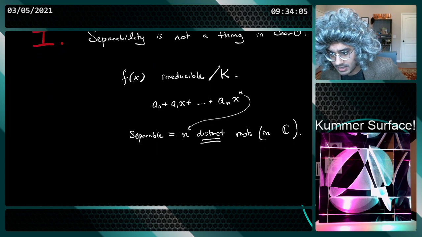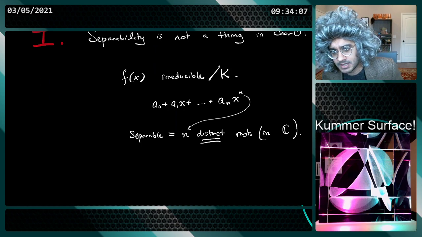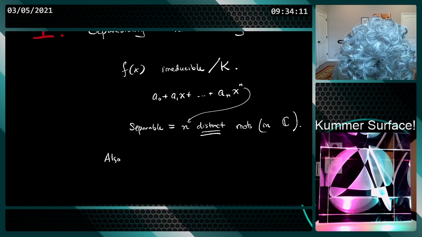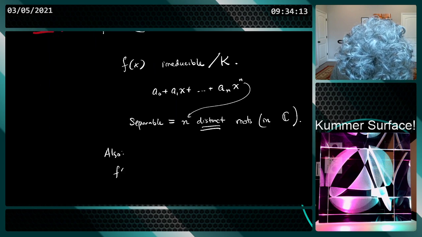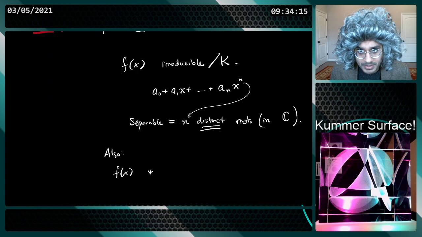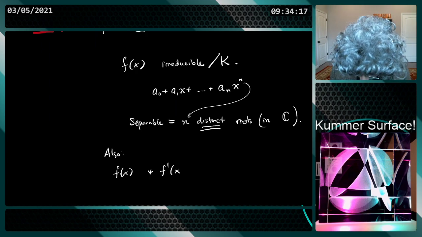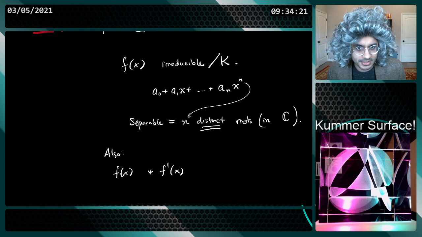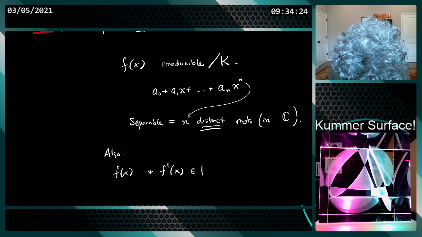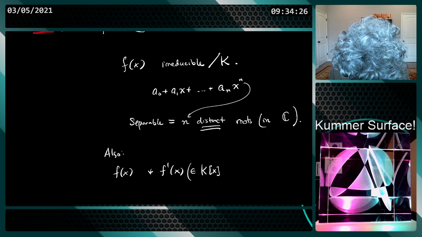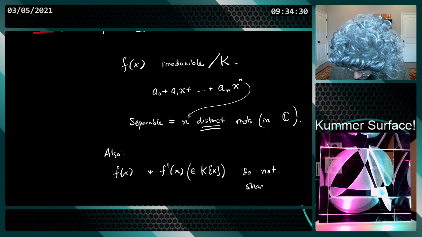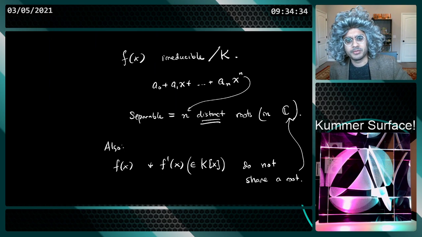But we also saw algebraically what it means: when you take the derivative polynomial, f of x and its derivative, notice that the derivative is still a polynomial over K, do not share a root, a complex root.